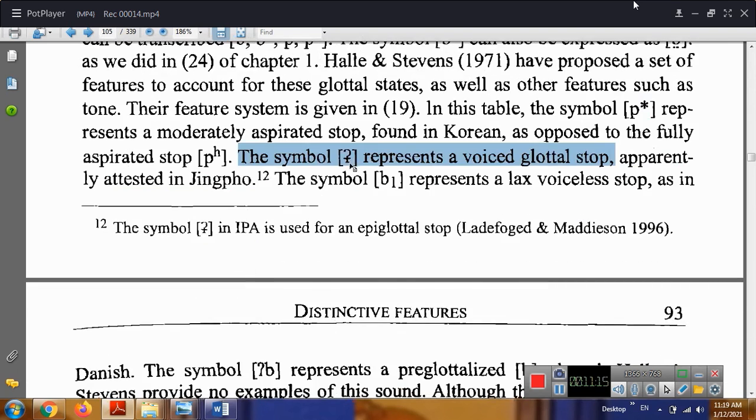As you know, the glottal stop by its nature is a voiceless sound, but sometimes we have the voiced form of the glottal stop in some languages, which we show by this symbol, apparently attested in Jing. The symbol B represents a lax voiceless stop, as in Danish.